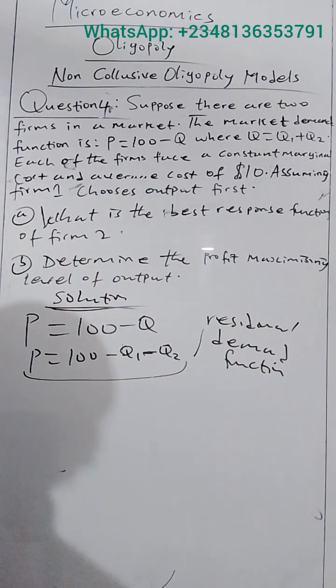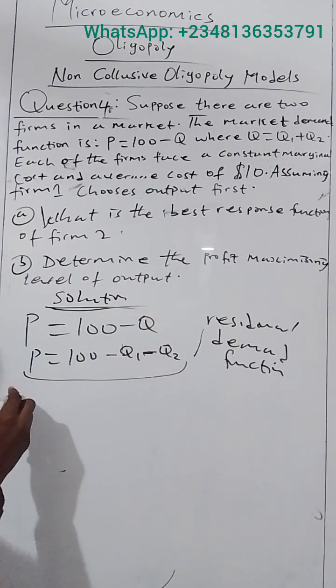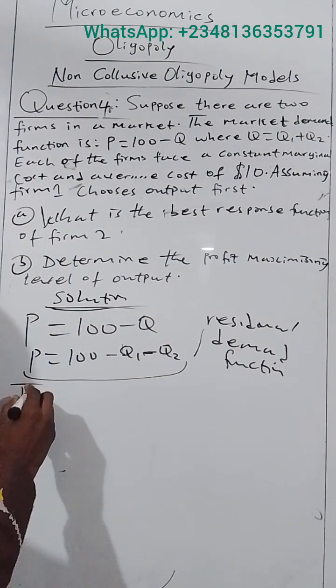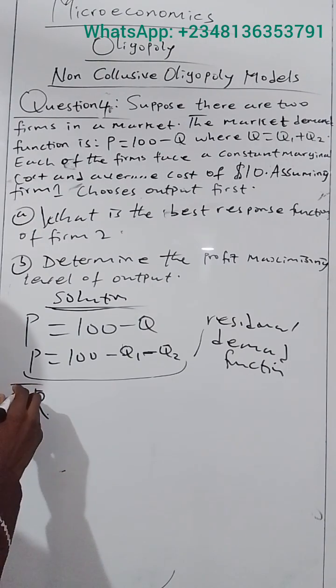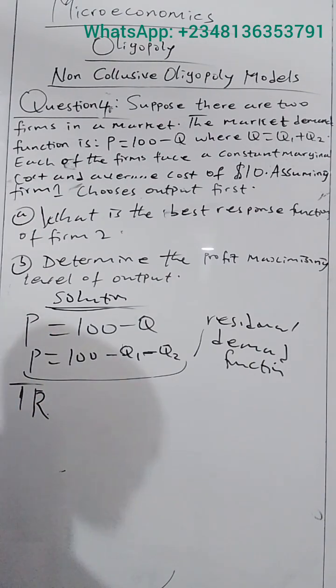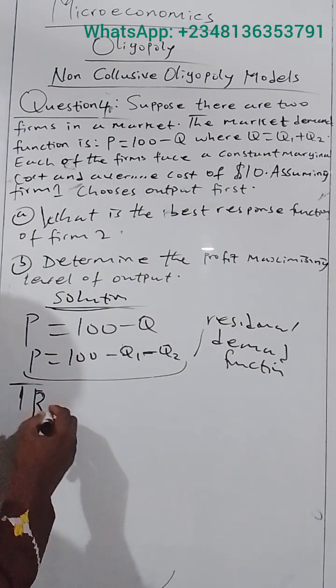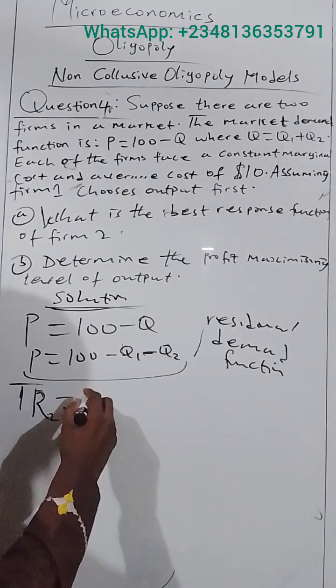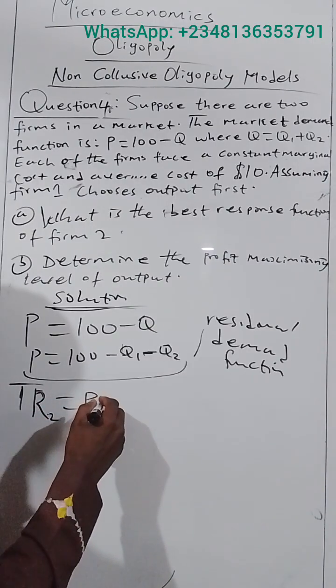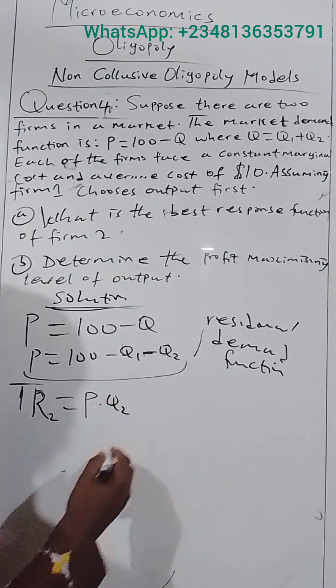Okay, now having gotten our residual demand function, the next thing is to find the residual total revenue, that is the total revenue of the follower, which is firm 2. Don't forget, it will equal the price multiplied by Q2.